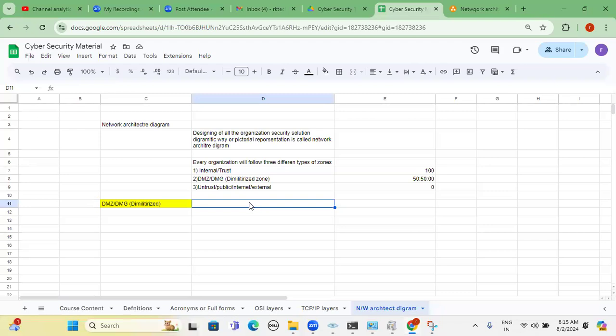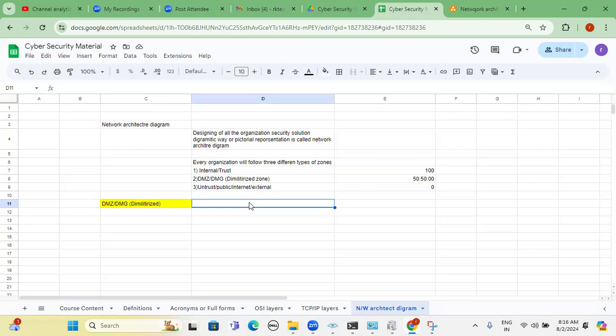Yeah. DMZ. So DMZ, it's a demilitarized zone. For example, it's like a boundary in between trust and untrust zone. For example, Navy or BSF or CISF teams, they will sit on our country boundary. So they will act like a preventive mechanism for one country to another country. In the same way, it's like a boundary in between trust and untrust zone.